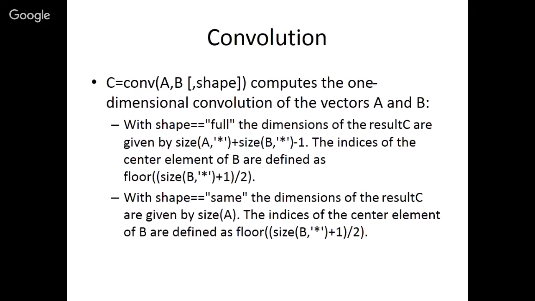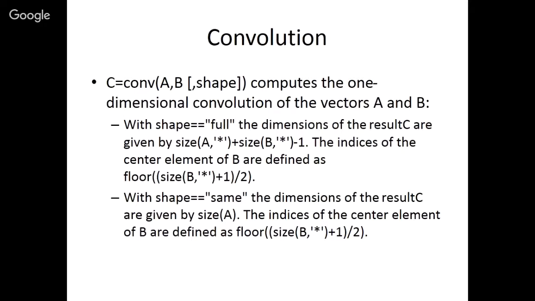Whenever you find the analytical or mathematical computation of convolution, the size of the convolution vector is size of A plus size of B minus 1. Generally in mathematical computation, if x is one vector of 7 values and y is another vector of 8 values, then whenever you find the convolution of x and y, you will get 7 plus 8, that is 15, minus 1, that is 14 values.